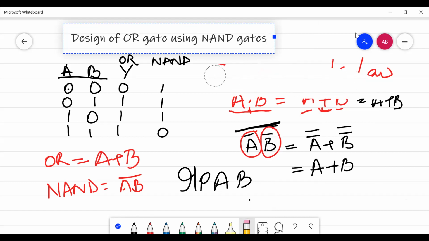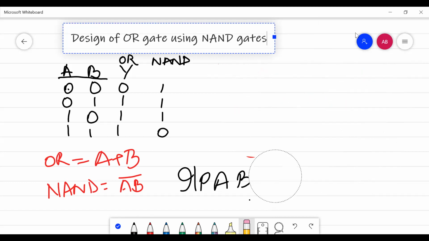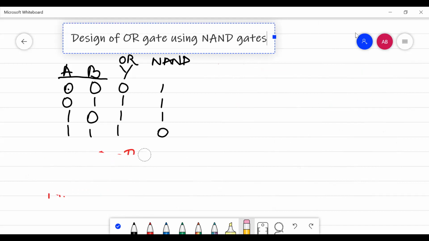So now we are going to design this thing here. As I have just told you, I am going to take my A bar, B bar as my inputs. So that means I require the first NAND gate as a NOT gate, so that I get A here, and that is going to give me A bar here.